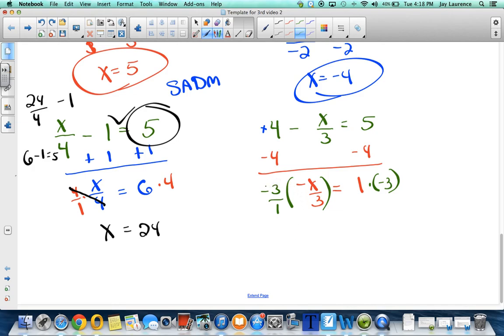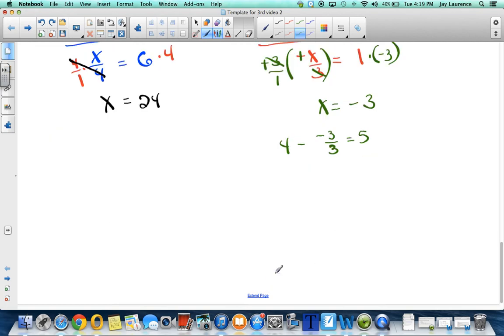So here, the 3's cancel, the negatives cancel, I'm left with an x. 1 times negative 3, negative 3. Let's try it. 4 minus negative 3 over 3 equals 5. 4 minus, right here will become negative 1, minus a negative is the same as adding a positive.